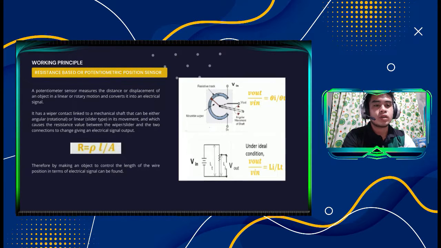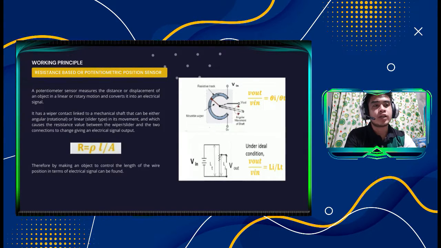So we can see in the figure both linear and angular position. We can find the output voltage under ideal conditions. The ratio of V out by V in is equal to Li by Lt, wherein Li is the distance moved across the resistive track, and Lt is the total length of the potentiometer.